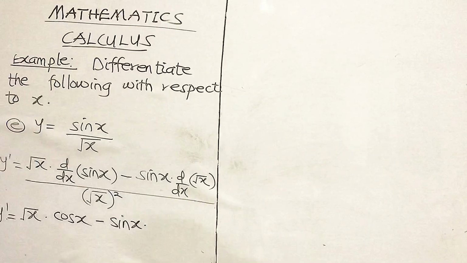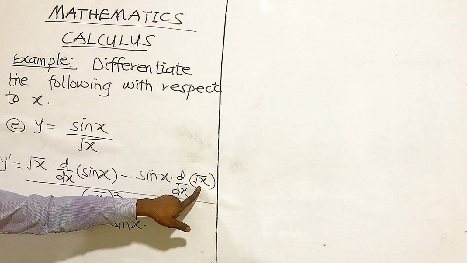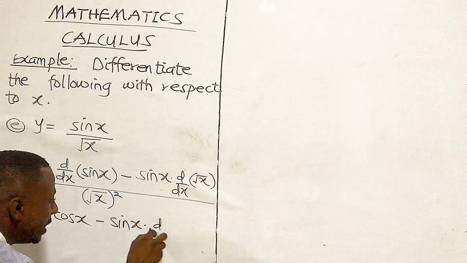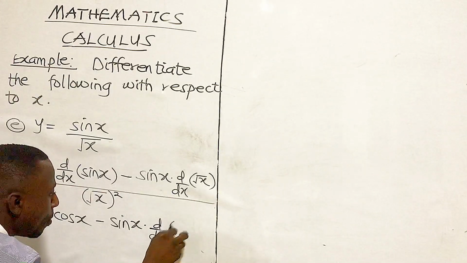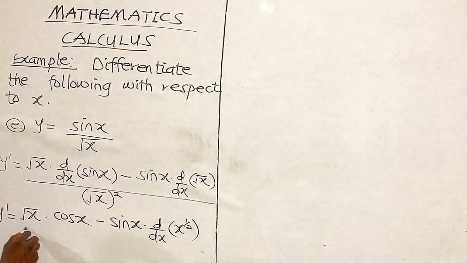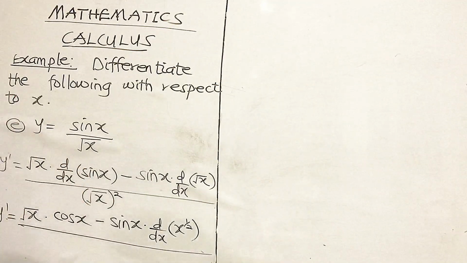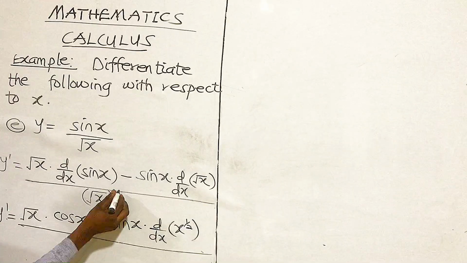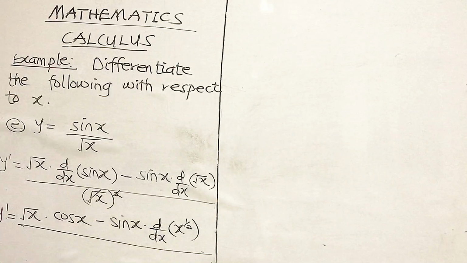sine x of, and when we are differentiating root x, we are supposed to first of all rewrite root x in an exponential form. So we have d dx multiplying x exponent half all over, and when I have root x squared, the squared will take off the radical sign.